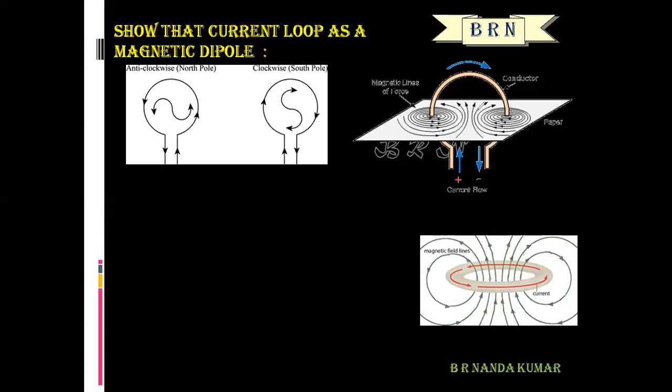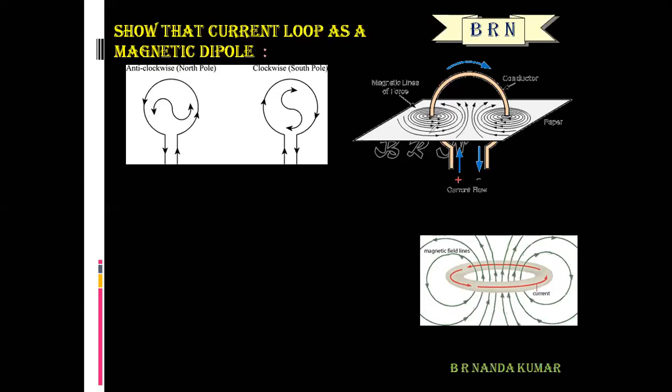Actually each loop has two faces. The face of the loop in which current flows clockwise behaves like a south pole. In the other face, the current flows in anti-clockwise direction, and that face behaves like a north pole.